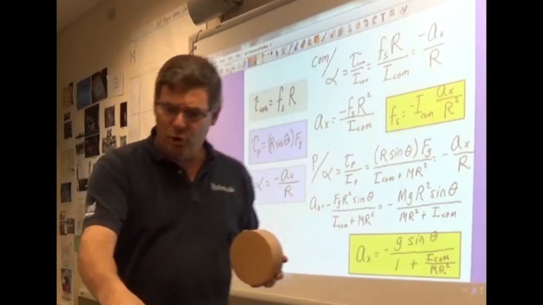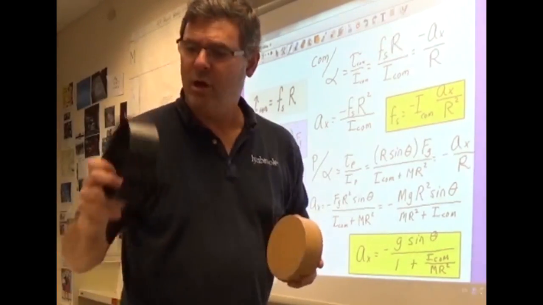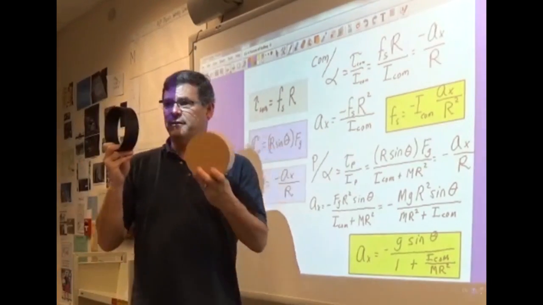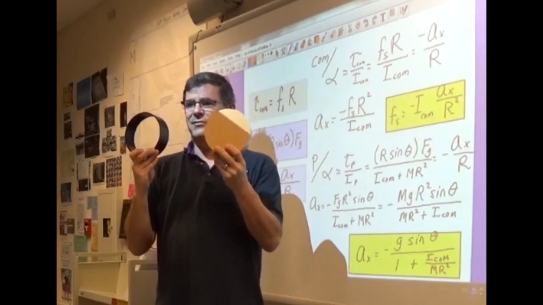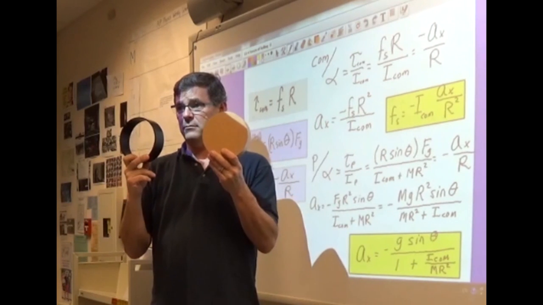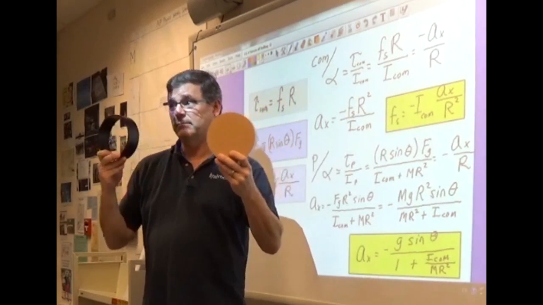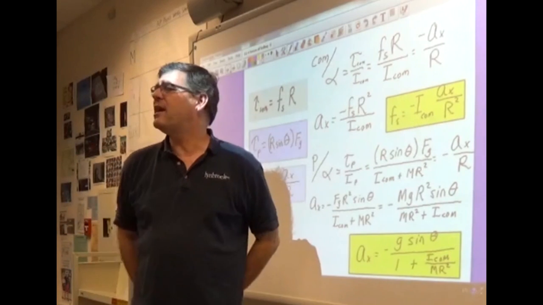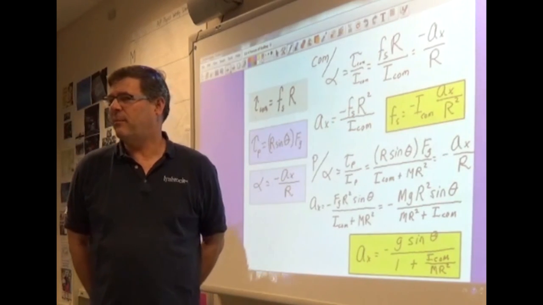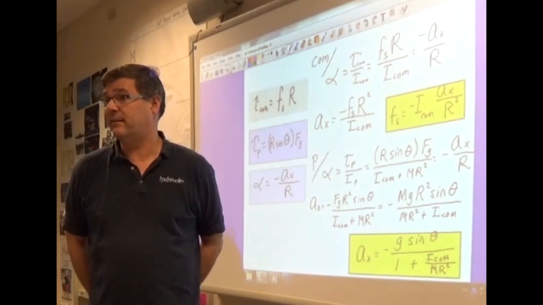And if I use the hoop, the moment of inertia of a hoop, let's think about this. Which one of these has the greater moment of inertia? I see someone pointing this way. Well, in general, how do we determine how moment of inertia is affected by mass?